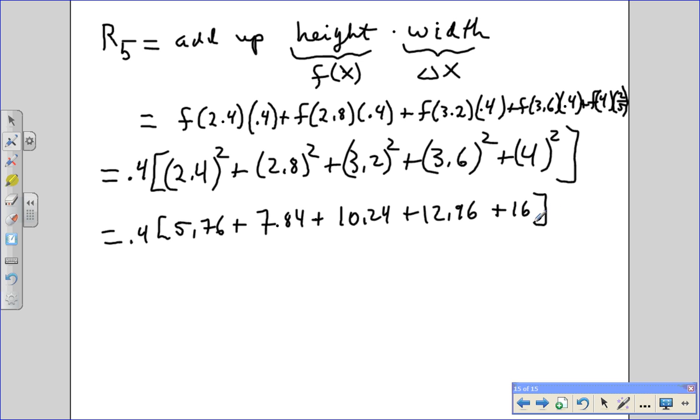You add them up, multiply by 0.4, and you get 20.976.